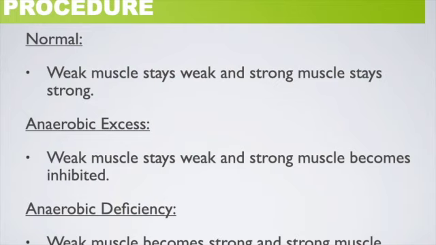A normal response: weak muscle stays weak, strong muscle stays strong. Anaerobic excess, overtraining for example: weak muscle stays weak, strong muscle becomes weak, inhibited. Anaerobic deficiency: a weak muscle will be strong and strong muscle stays strong. So very similar to aerobics, just the type of testing is different.